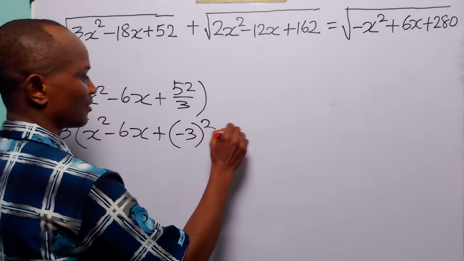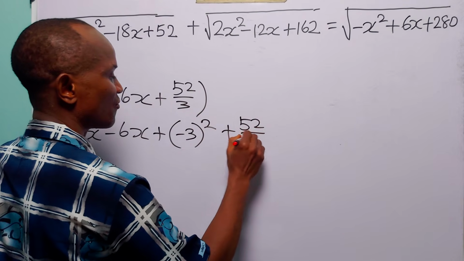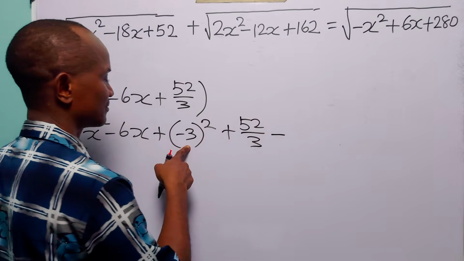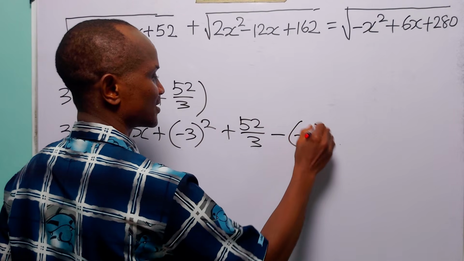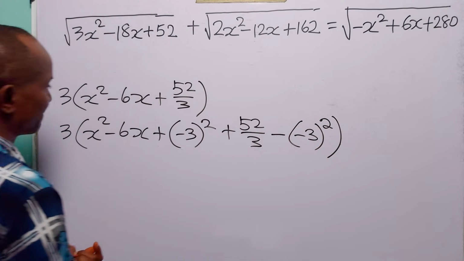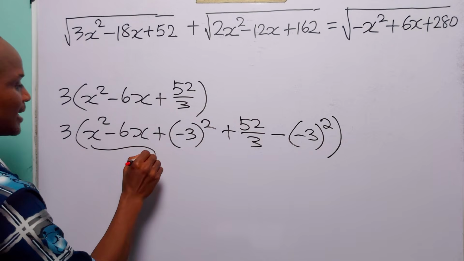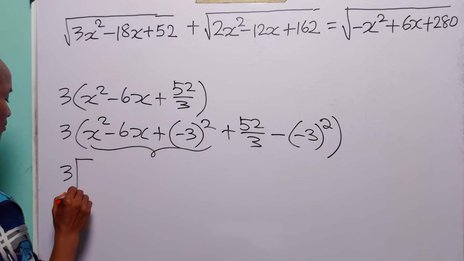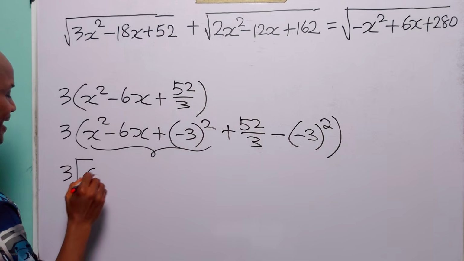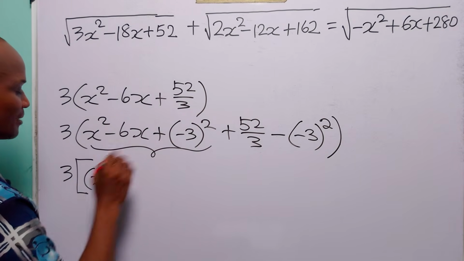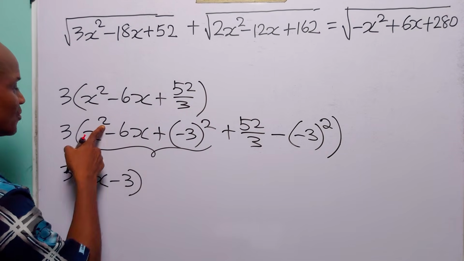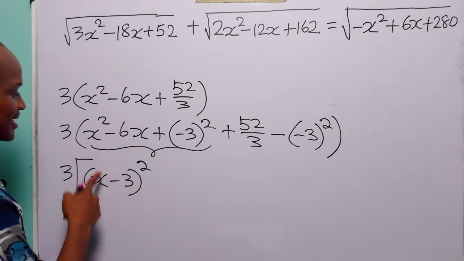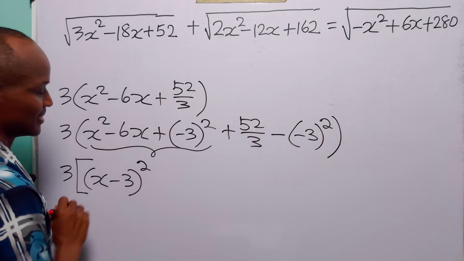Then we have plus 52 over 3. Then we subtract. So we have minus 3 squared. Now this is a perfect square. So we take one x and one minus 3 and we square. Of course, you know that if we expand this, we get exactly this.